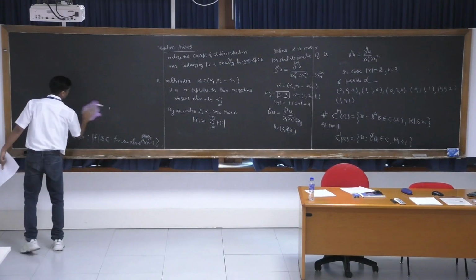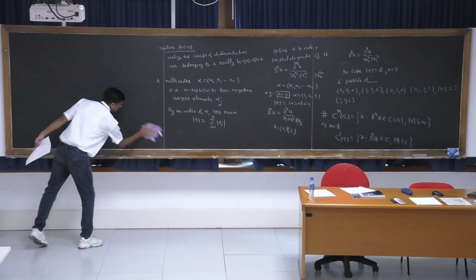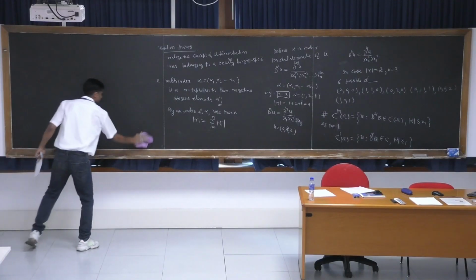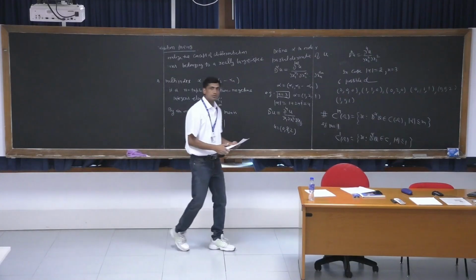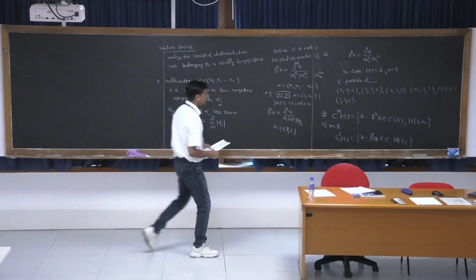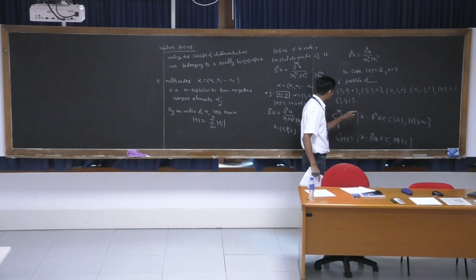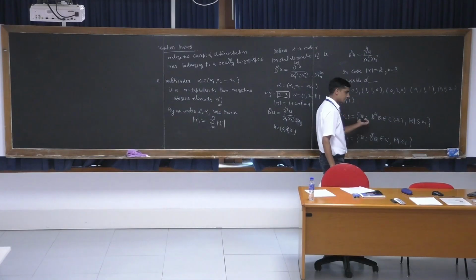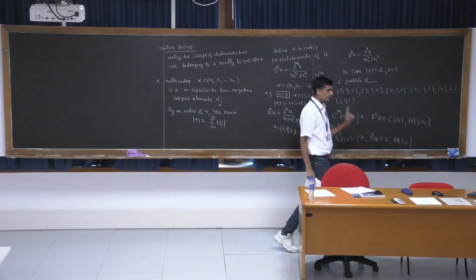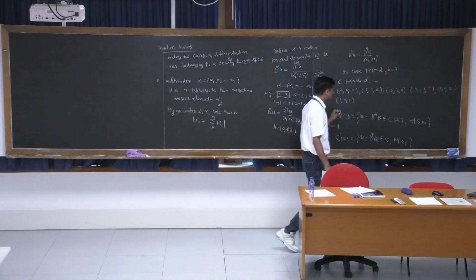So I will explain later. So this was C^m, but there was no bar here, meaning it contains continuous and differentiable functions up to mth order.